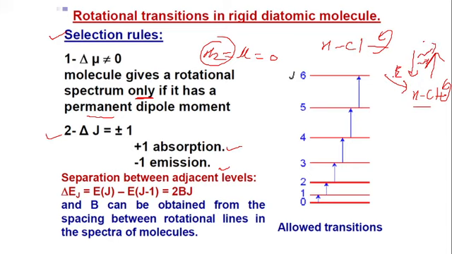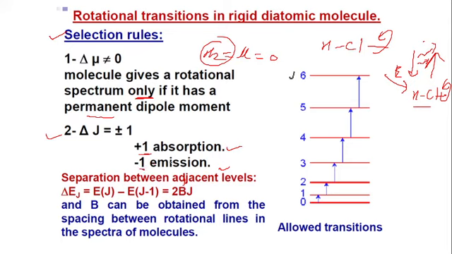That means whenever we provide the energy to rotate this molecule, it absorbs some energy which is denoted as plus 1, and after going to the excited state, this molecule again goes to the ground state. At that time it emits some energy, that is denoted as minus 1.